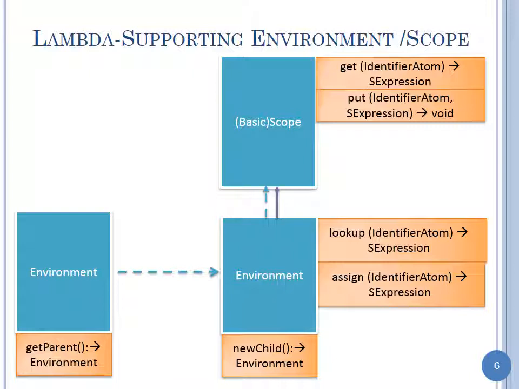So we need a stack of scopes. We also need to follow links from inner scopes to the outer scopes. So we need links there, and that's a data structure, and that environment will have its own scope in it. This is how you get a linked list of scopes, and we'll actually have a tree of scopes.